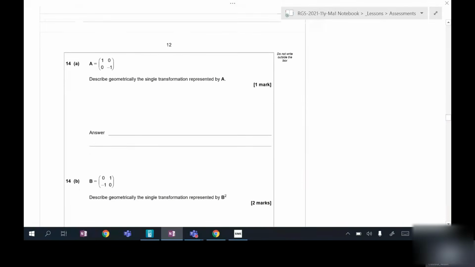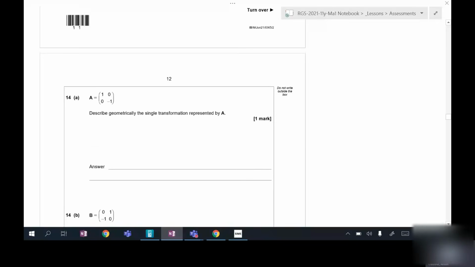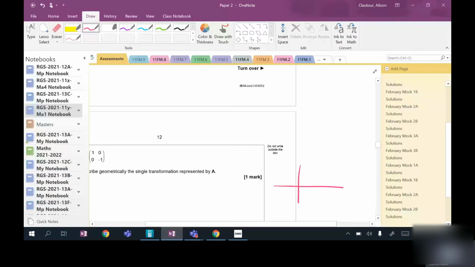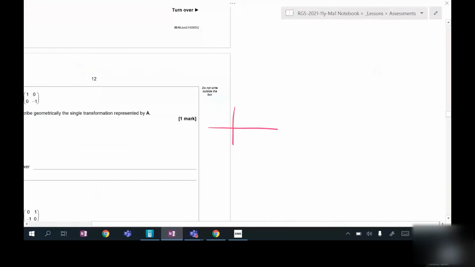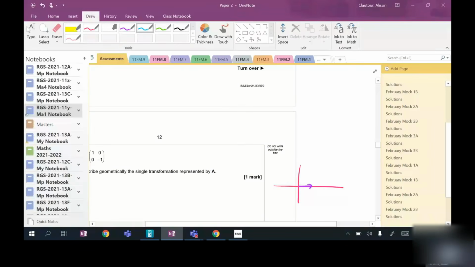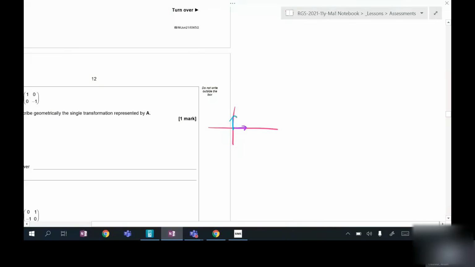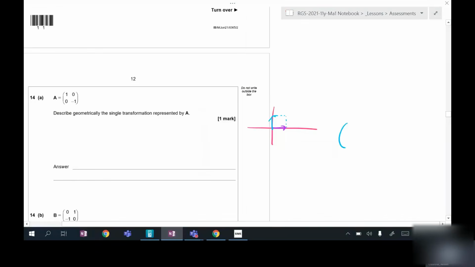Question 14. So we want the transformation represented by A. Okay, so remember, think about a unit vector. I'm going to do different colours. If we think about the unit square, remember that represents the matrix 1, 0.